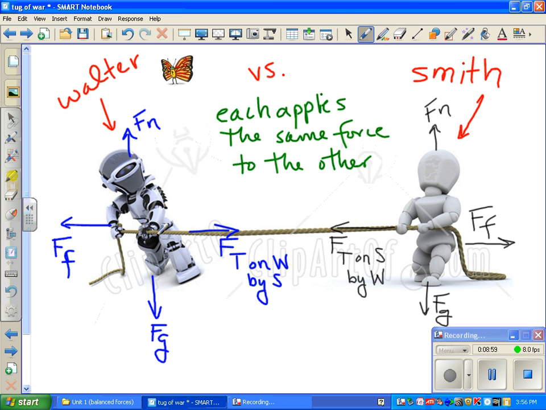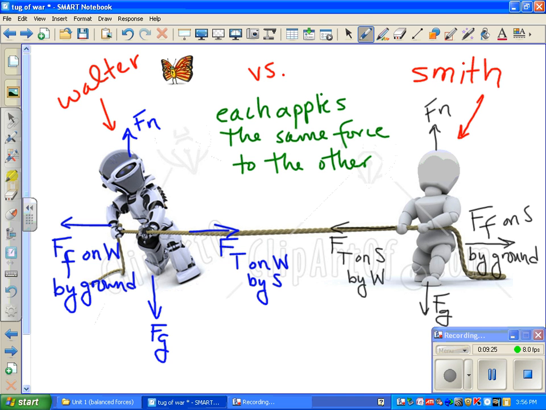If you look at the force of frictions, though, this is the force of friction on Walter by, we'll call it, the ground. It says ground. Trust me on that. Whereas this one over here is the force of friction on Smith by ground.